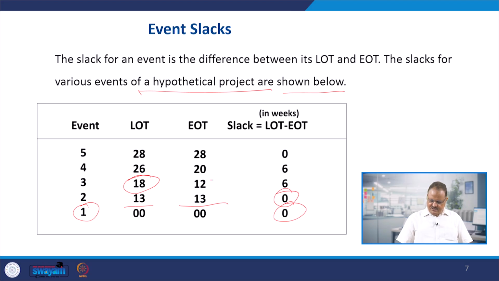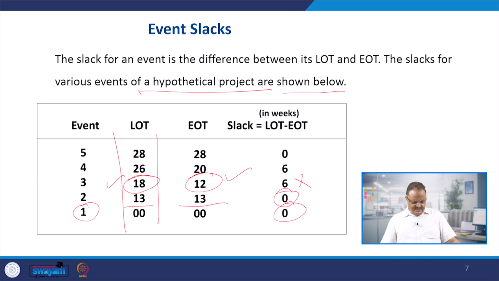So we have to use this time to develop a critical path, or if we use this LOT, we are going to crash it later on and bring it up to this 12. Finally, this slack of 6 has to be removed, because if you develop the network on the basis of this time period, you are going to develop a slack path, and our objective is not to develop a slack path which has a cushion for delays.